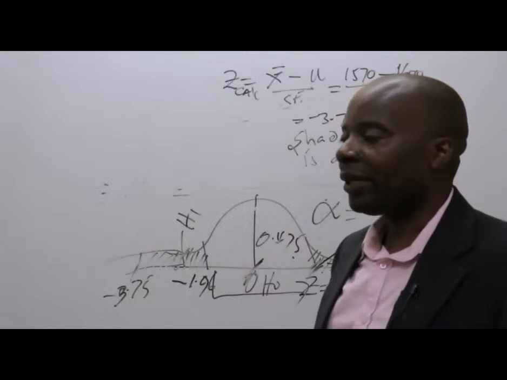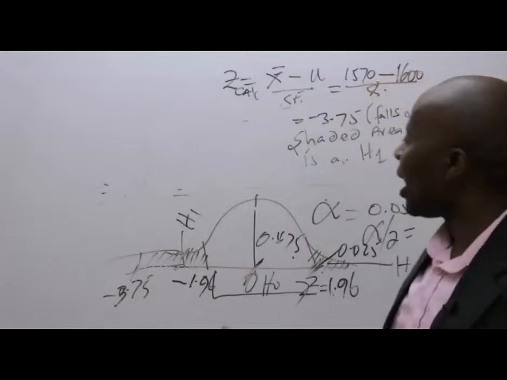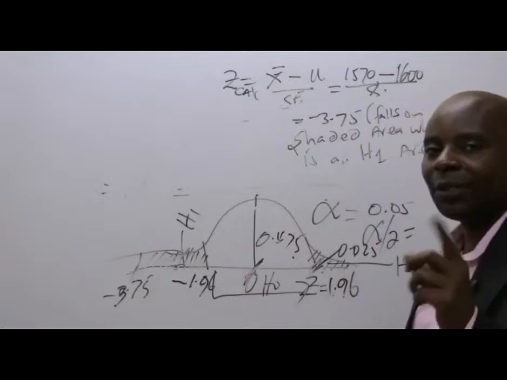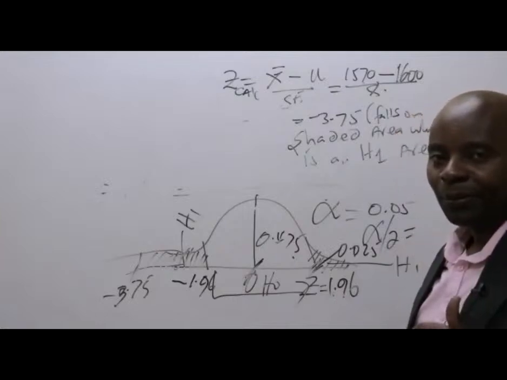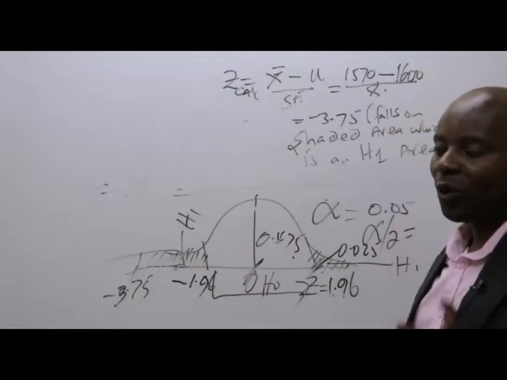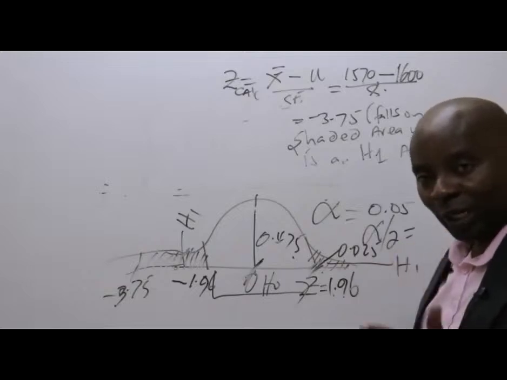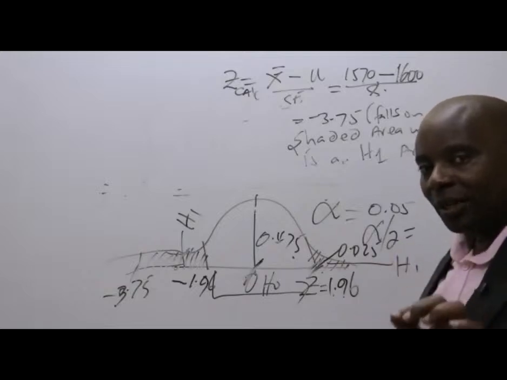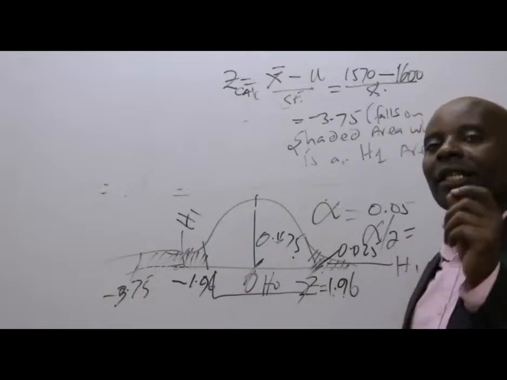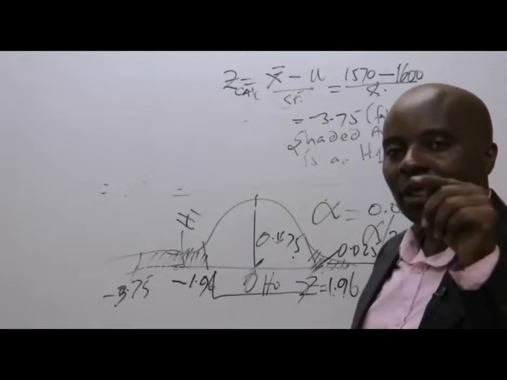So the moment I've hit there, I'm telling the examiner that we can only accept H1, because we have fallen on the H1 area. Meaning that the null hypothesis is not true.